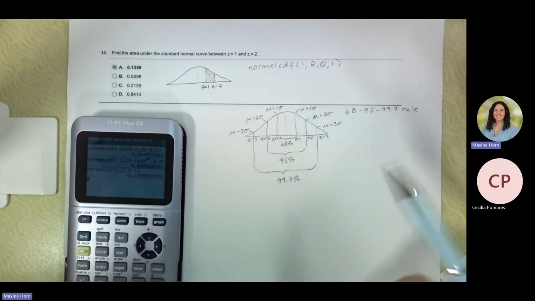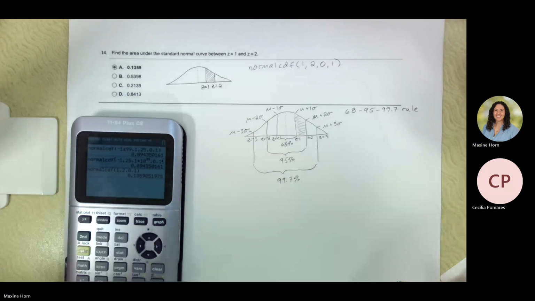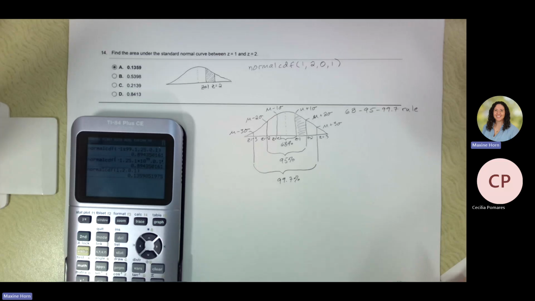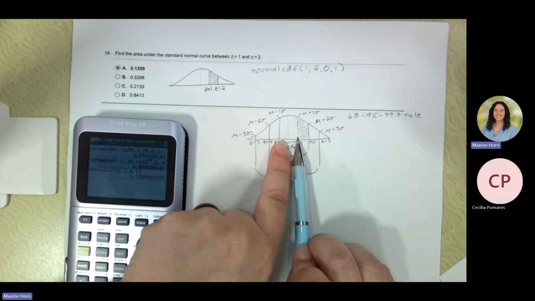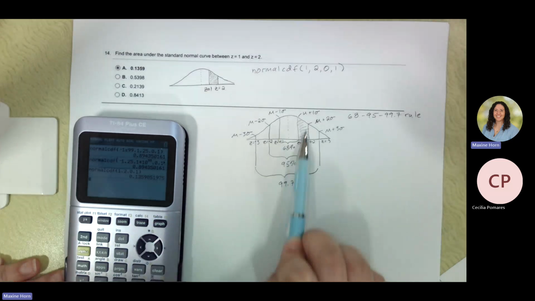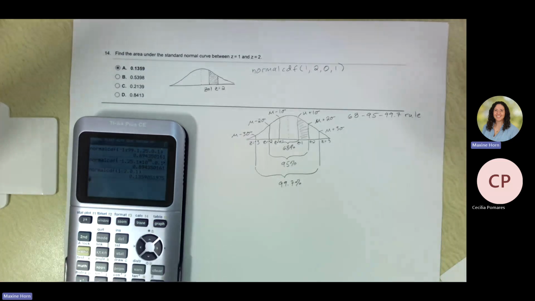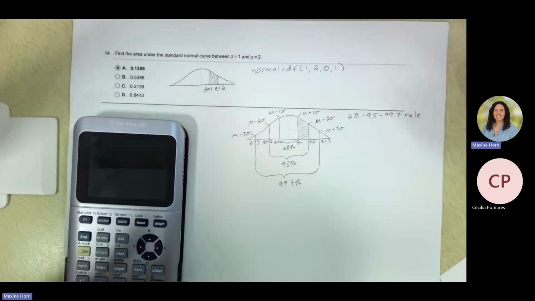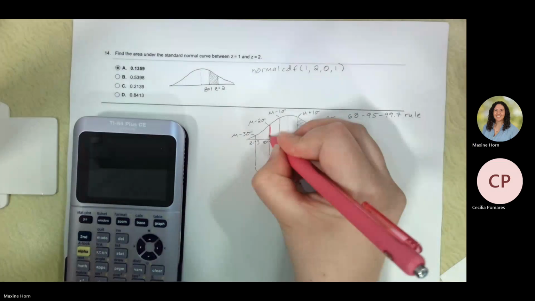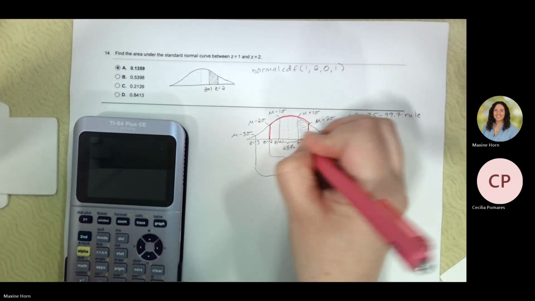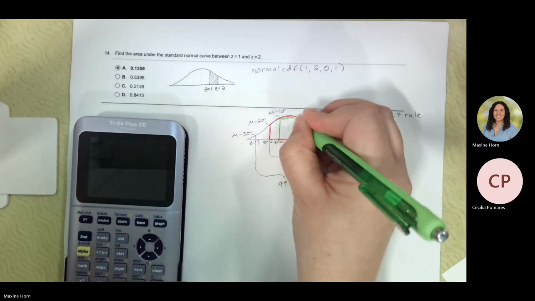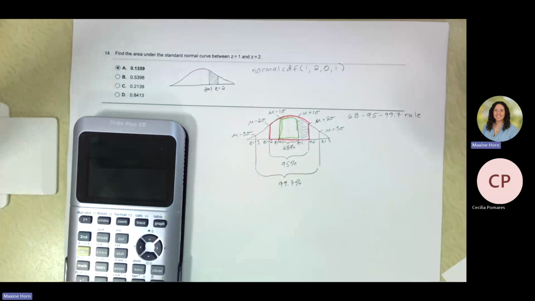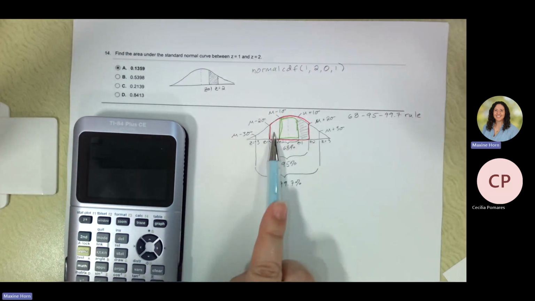Okay, now that we've set all that up, they're asking for the area between 1 and 2 standard deviations to the right of the mean. So what we can do is say, if I have this area and I subtract this area from it, here, let me use some colored pens, that might make this a little easier. If I have all of this, and then I subtract all of this, I'm going to be left with this and this.